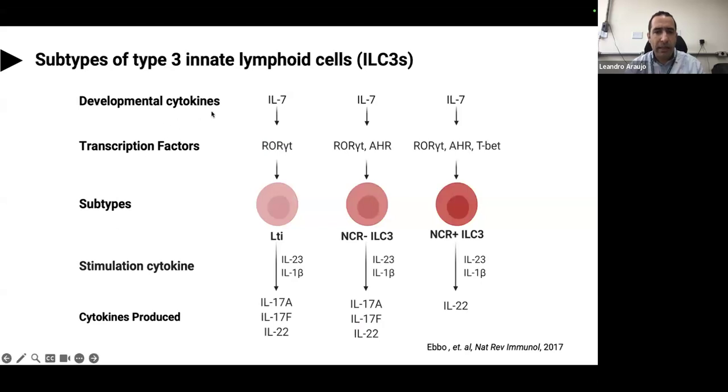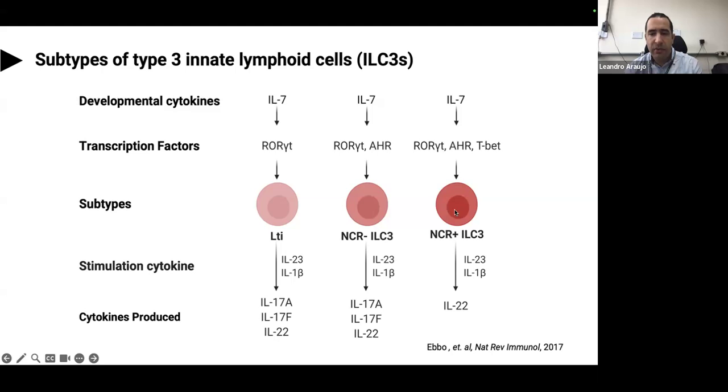So we know that all of these subsets, as José told us, the different subtypes of innate lymphoid cells, all depend on the IL-7 cytokine during development and to keep these cells proliferating and developing. They all express the RORγt transcription factor, and some can be distinguished by the NCR positive ones.